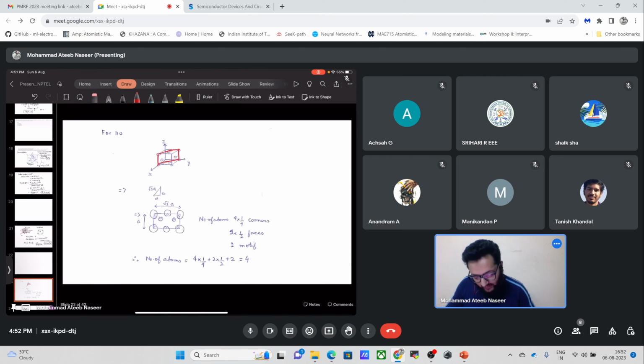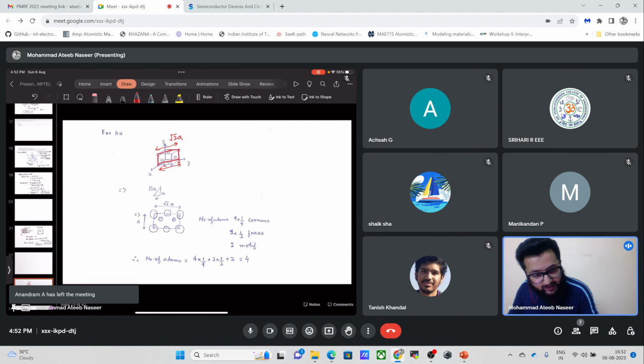Now for this plane, we have to get the value of this face diagonal. From simple trigonometry, since this is a and this is also a, this would simply be equal to root 2 a, making this side equal to root 2 a, and this side would be a itself.